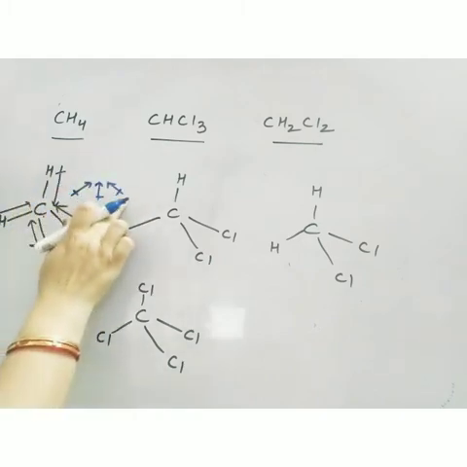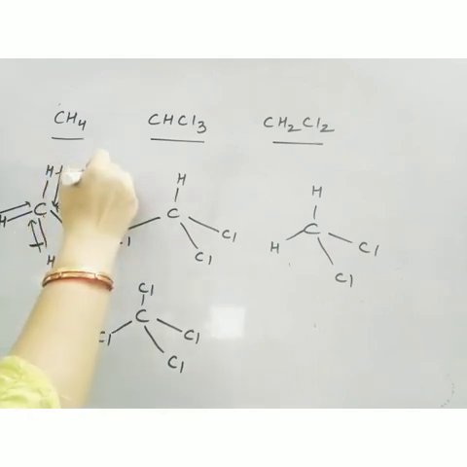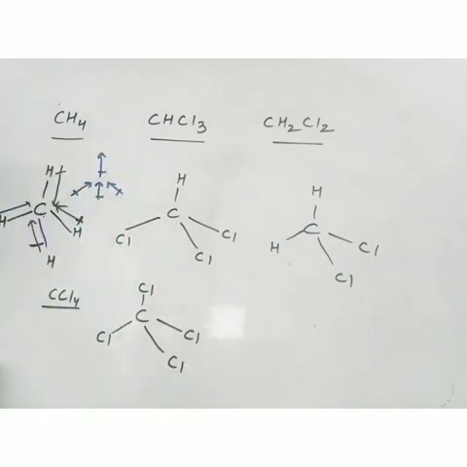And when these 3 vectors point towards carbon, the resultant is up only. Okay, so the resultant of these 3 vectors is up. So this is the resultant I can make. Now the resultant is moving up and the bond vector is moving down. So they will be cancelled. So the net dipole moment is 0.